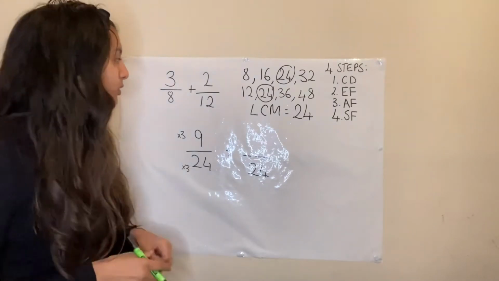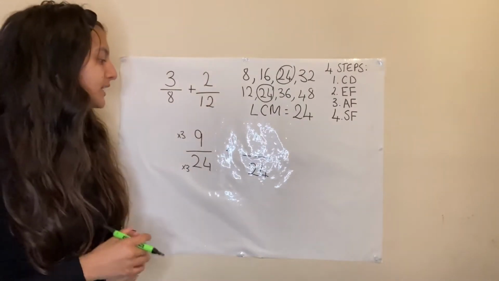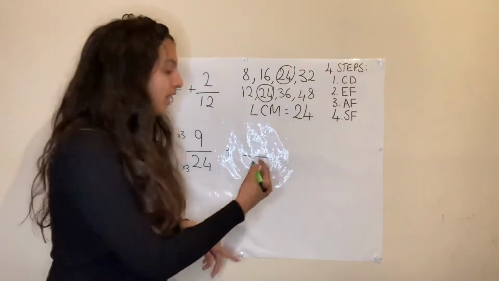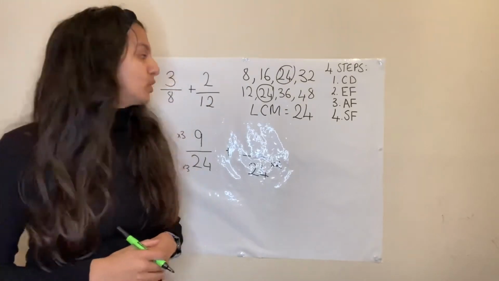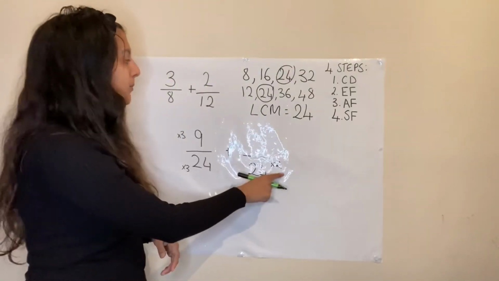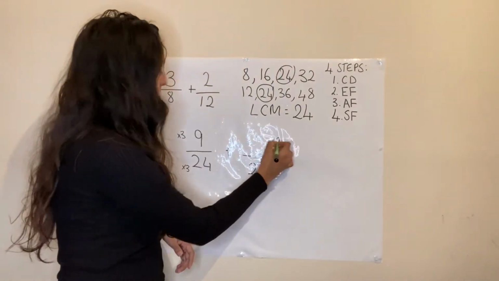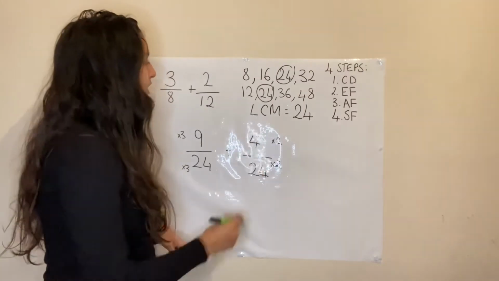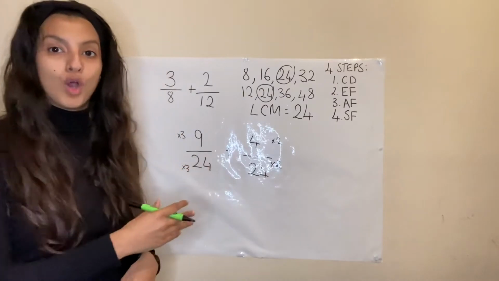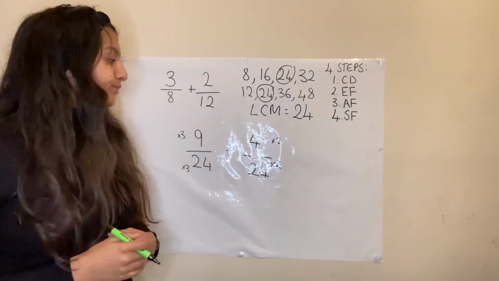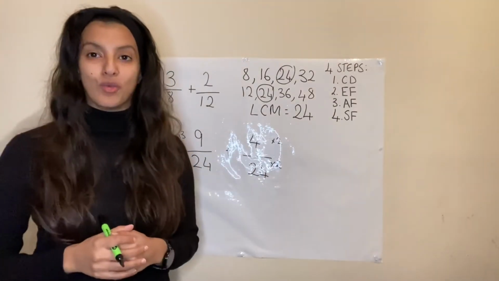Now let's find the equivalent fraction for 2 over 12. Now to get 24, I need to multiply by 2, which means I must multiply 2 by 2, which equals 4. This means that 2 over 12 is equivalent to 4 over 24. That's step number 2 complete.